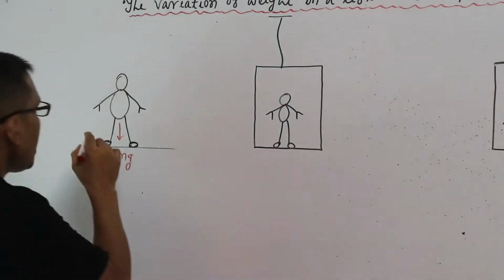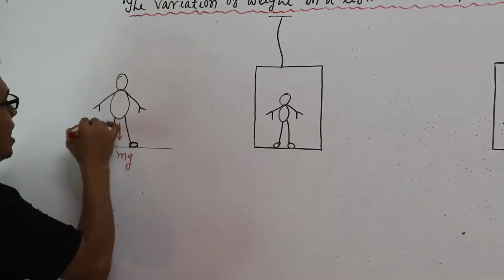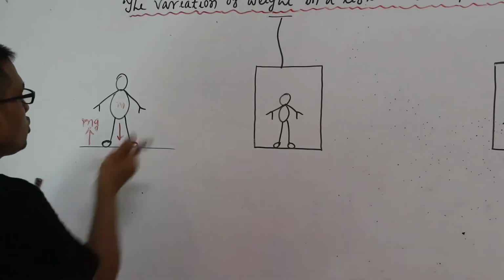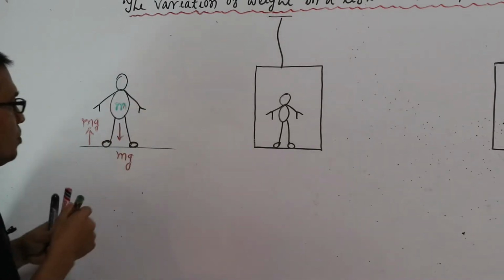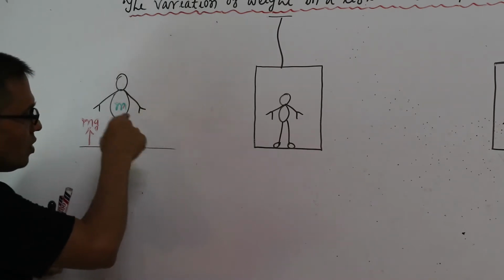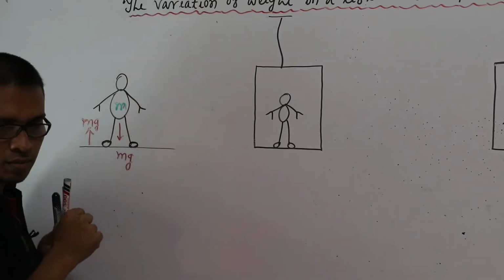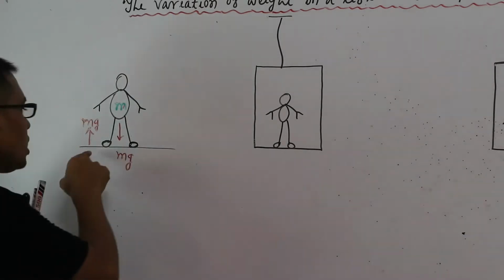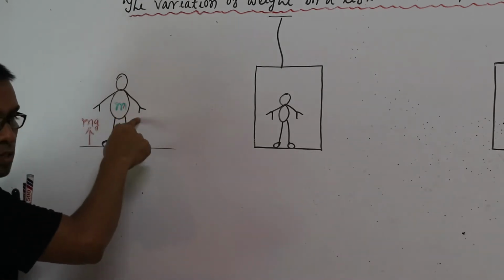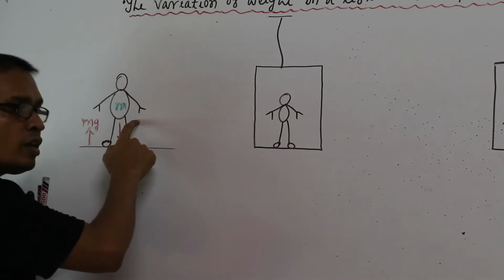In the same way, the earth applies that force, as the mass of this person is m. He or she will apply mg force on the surface of the earth. In the same way, the earth's surface will apply mg force on this person, and that's why he or she feels his or her weight.